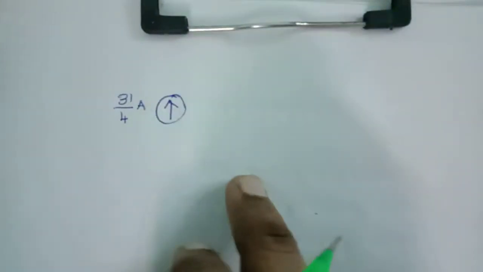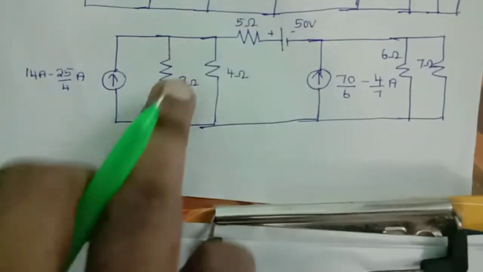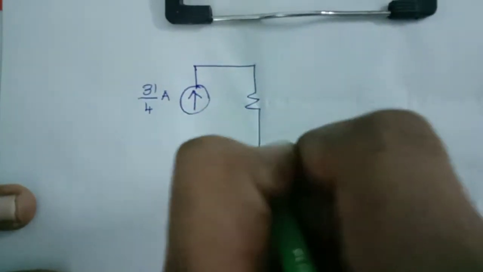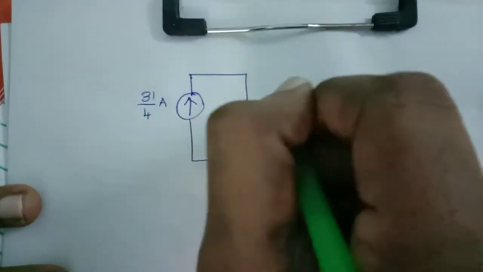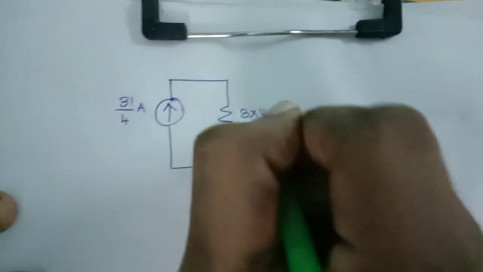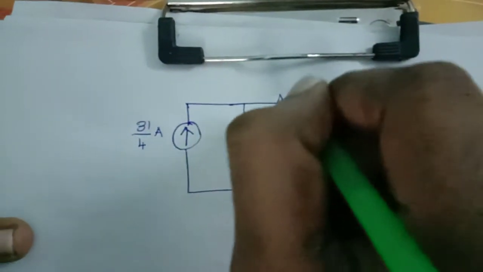Now you see here 3 and 4 are in parallel. Parallel means you will do multiplication over sum: 3 into 4 divided by 3 plus 4. Again the same circuit you are redrawing.